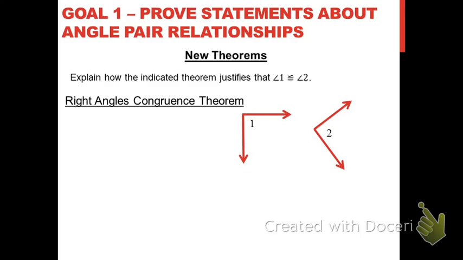You need to look in your textbook, hopefully if you have it with you, or look it up online for goodness sakes. See what the theorem is that I write down, and see if you can determine why it means that the two angles in the picture would have to be congruent to one another. Now, one little added piece of information that will help is that these two angles are right angles.